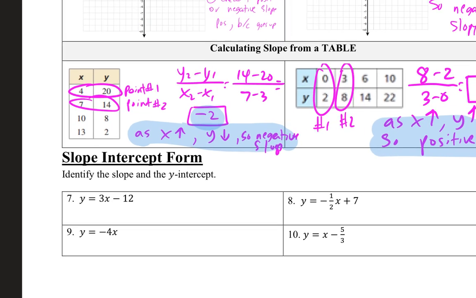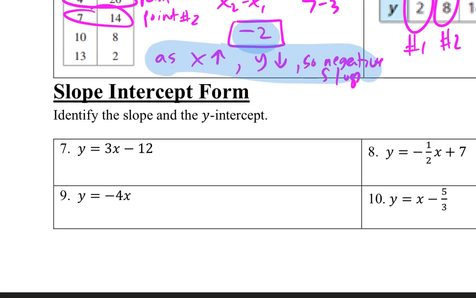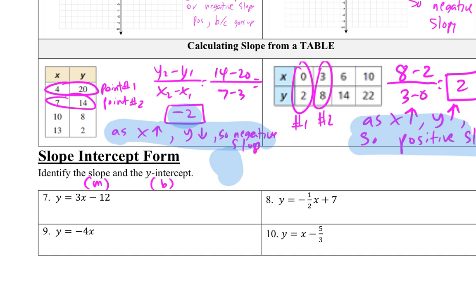All right, so now from slope-intercept form, identify the slope and the y-intercept. So the slope is always m, right? And y-intercept is always the b value. Okay, we're going to call that y equals mx plus b.